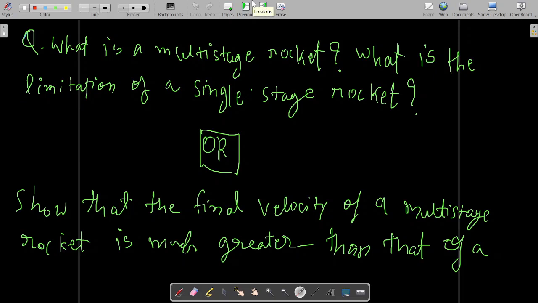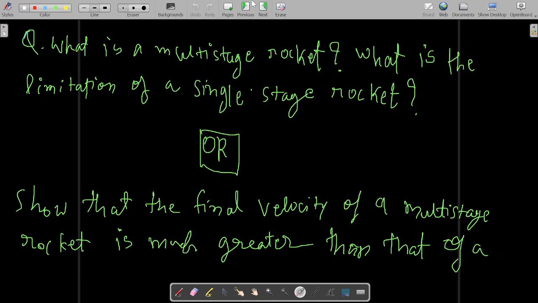Single stage rocket, you all know that the complete rocket is a single piece rocket. There are no pieces attached to the rocket, okay. So such a rocket is a single stage rocket, means only a single body throughout the rocket, single one piece body, okay, that is called single stage rocket. What is a multi-stage rocket?